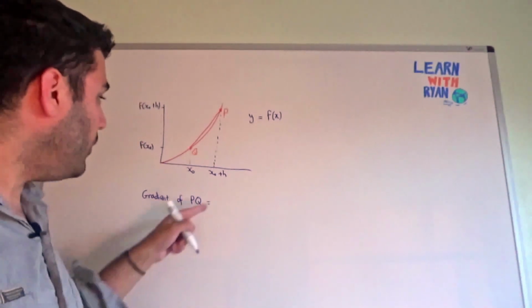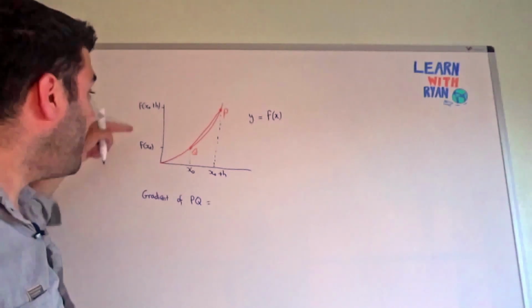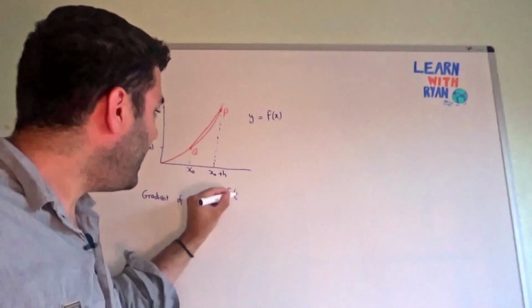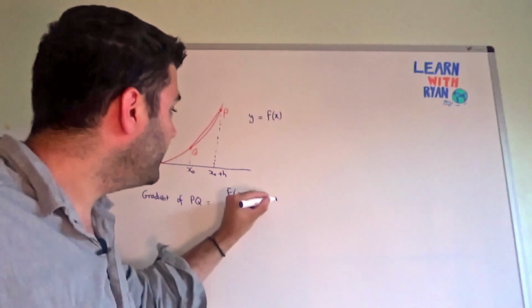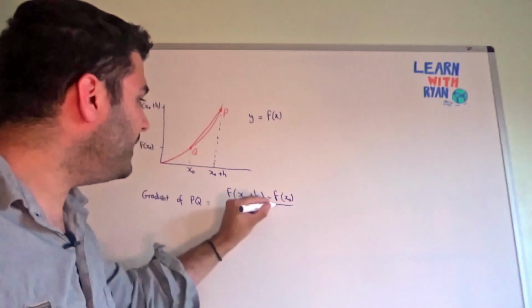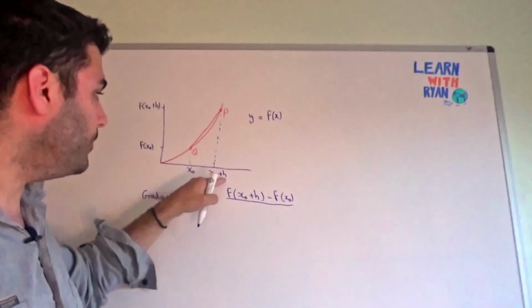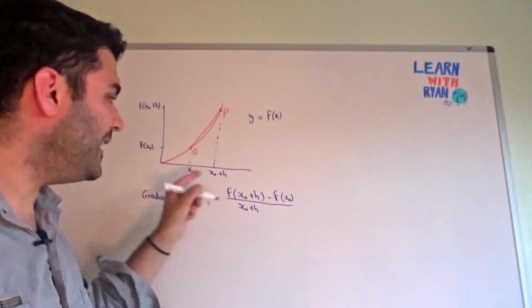So the change in y on top is f of x naught plus h minus f of x naught, and we're dividing that by the change in the x's, which is x naught plus h minus x naught.